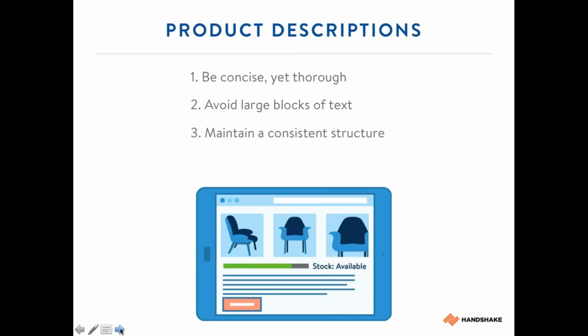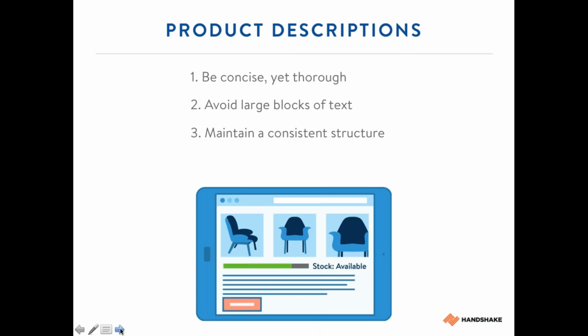This last one's important. You need to maintain a consistent structure. So don't think about these product descriptions as some literary masterpiece. In fact, you're really doing yourself a disservice. Even if you're writing something you think is cute, it's much more important that you divide up the content into the same number of sections, that you're using the same number of feature bullets, but also that you're actually being consistent about the way you talk about your product.